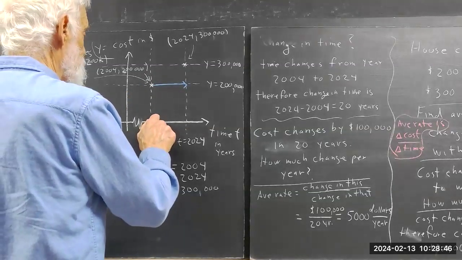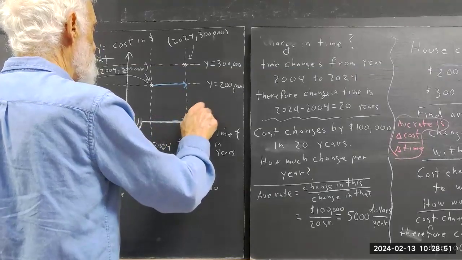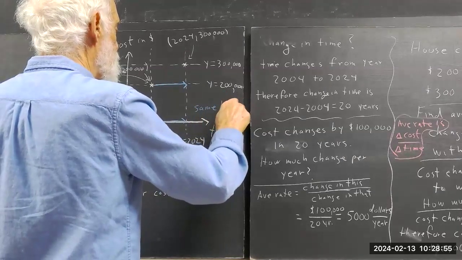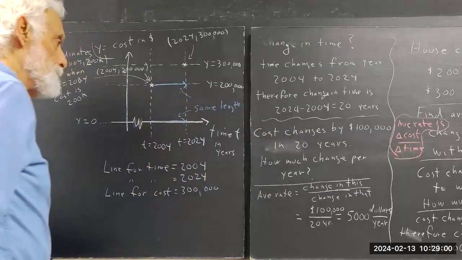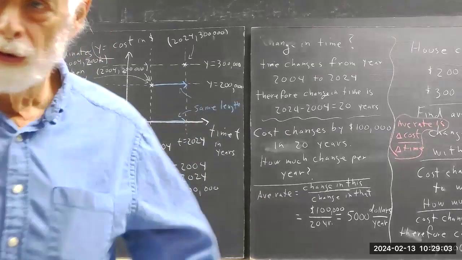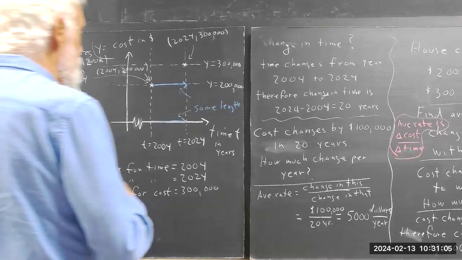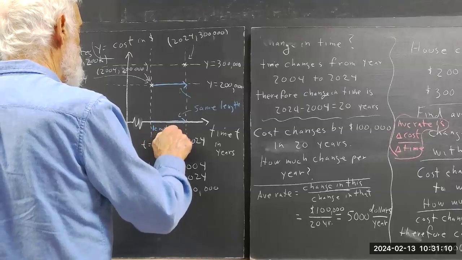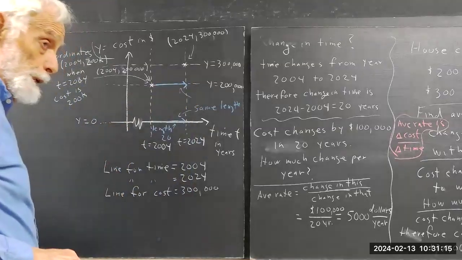So this arrow here is the same length as this one, and this one. So what's the length of that arrow? The length is 20. So this has a length of 20.